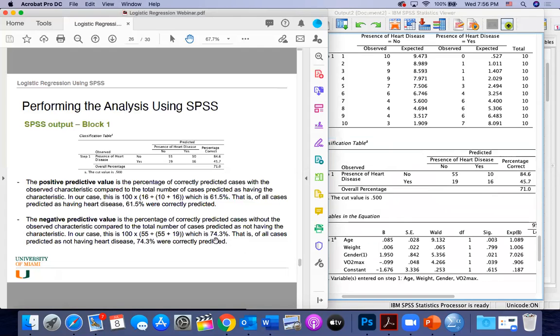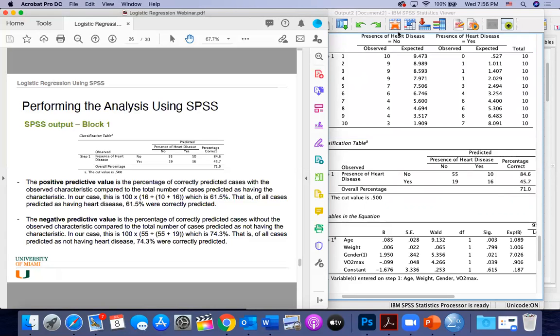We will get 74.3%, and that is interpreted as of all cases predicted as not having heart disease, 74.3% were correctly predicted as not having the characteristic.